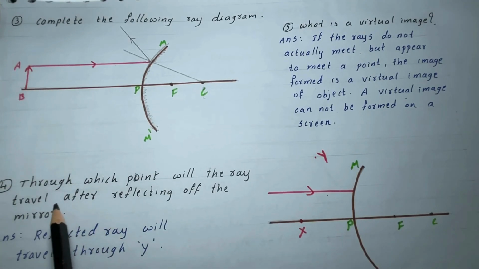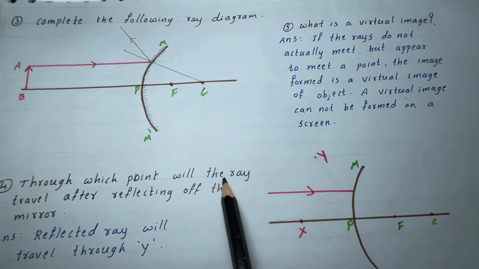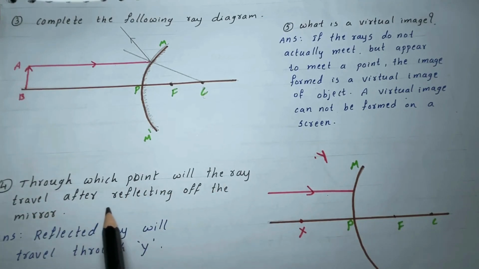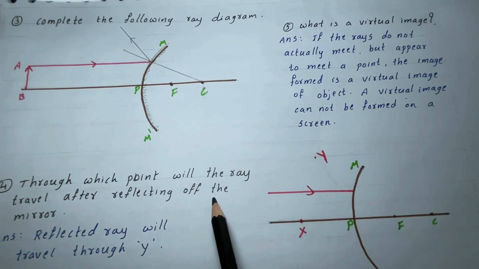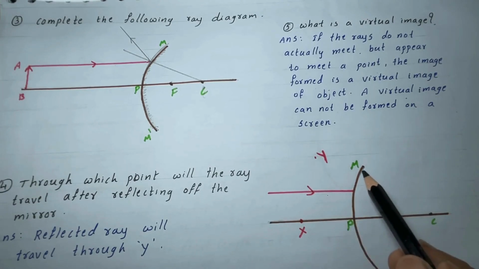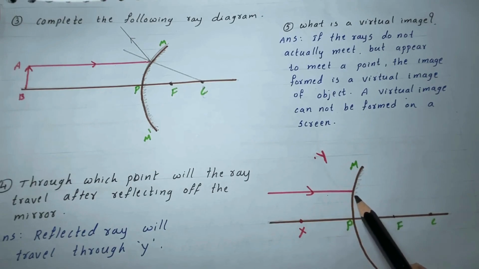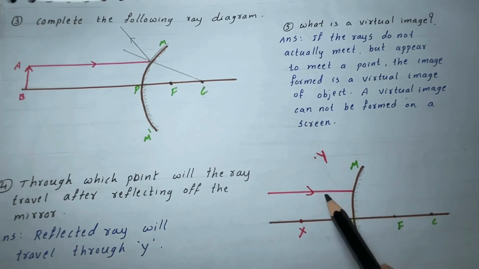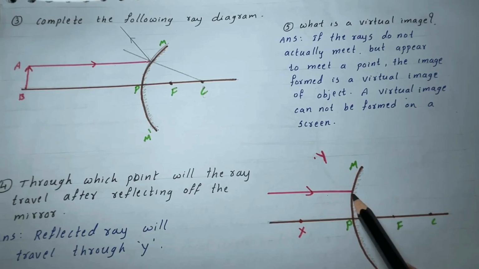Our next question is, through which point will the ray travel after reflecting off the mirror? Here one mirror is given, and we know this is a convex mirror, right? And this is the incident ray because the arrow is towards the mirror.